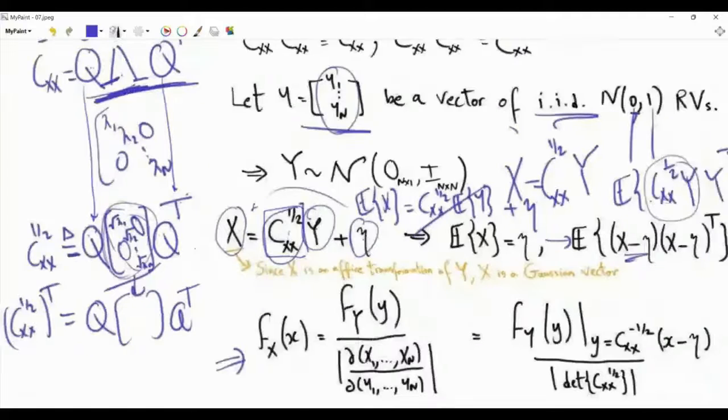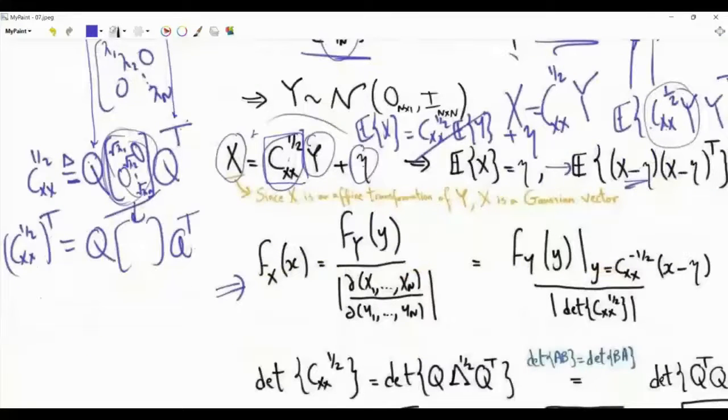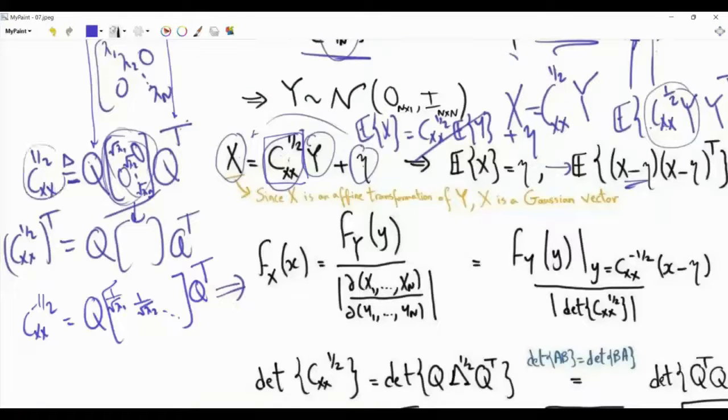It is an invertible matrix. Its inverse will be Q, then a diagonal matrix, and then Q transpose. You can check that if we multiply this and that, we get identity.